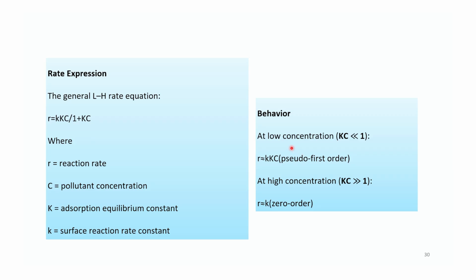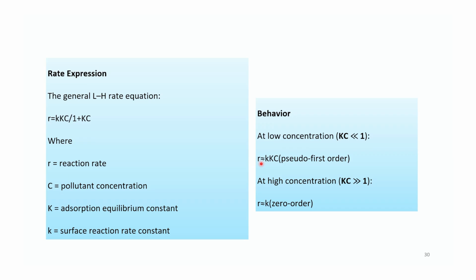So what happens is that at low concentration, the value of KC is very much less than 1. So at very low concentration of the pollutant, K, basically the adsorption equilibrium constant, so at low concentration of the dye, the value of KC will be much less than 1.